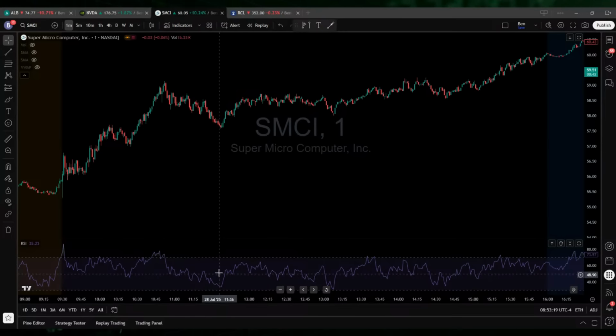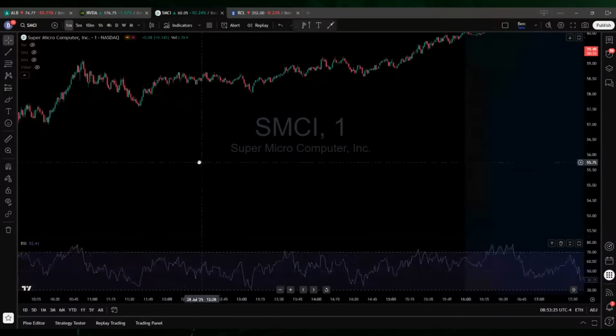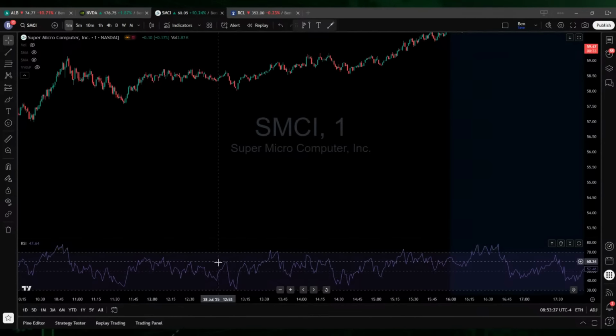And you notice that it chops above the 70, which means that a stock like this is really strong on the day. And what I want you to notice also is it never gets to the oversold condition. It gets pretty close to the 30, but as it does that, the price action is pretty muted. So it doesn't take a lot of price action for it to get closer to the 30. And then it gets back above the 70.